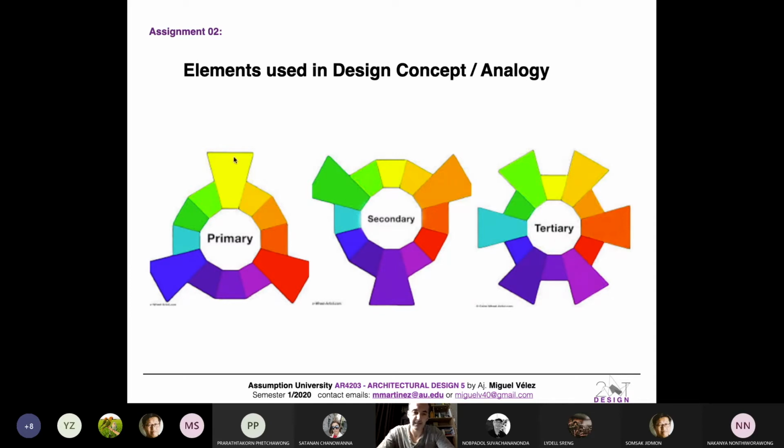But everything comes from the primary theme, no? But what are these primary themes in architecture? Can anyone guess which are these primary elements that we use in design concept in architecture?